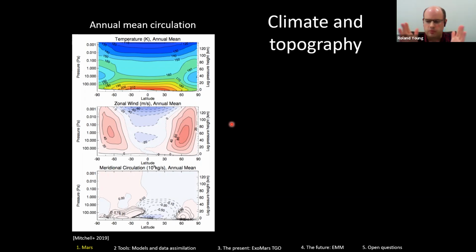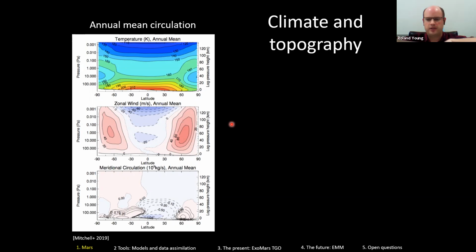which, if you were to look at the whole atmosphere from the east or the west, tells you how the atmosphere is moving in the plane between the north and south poles, and from the surface up to space. What tends to happen is that the planet is heated near the equator at the surface, and air rises near the equator, and then moves outwards towards the poles.